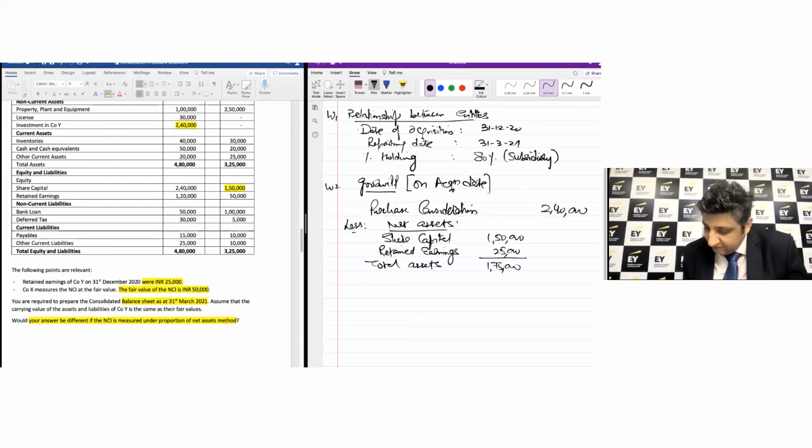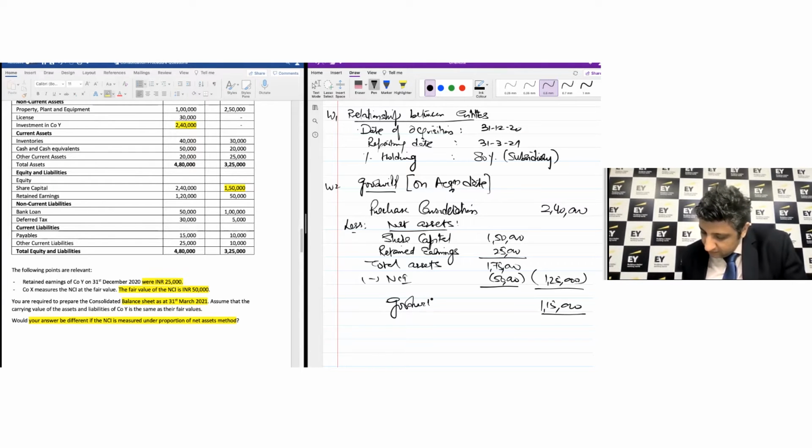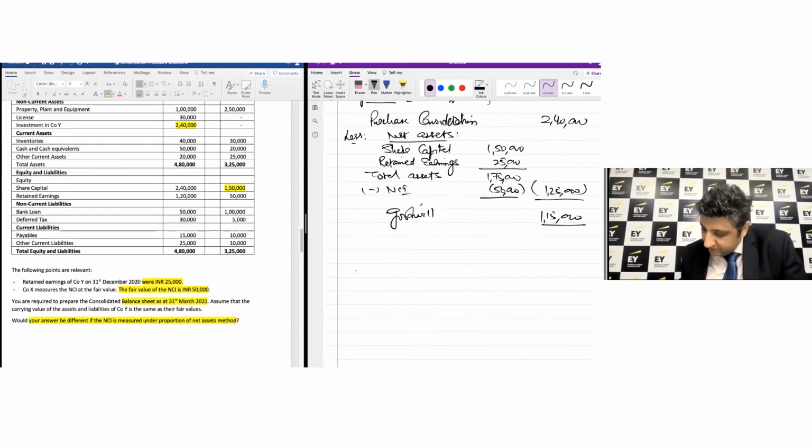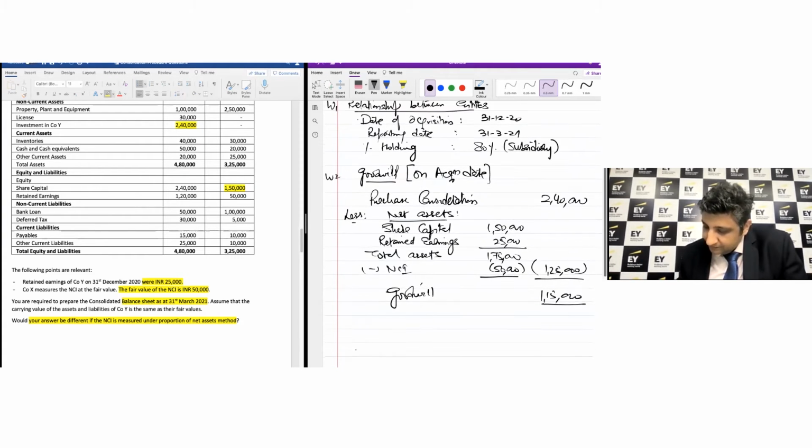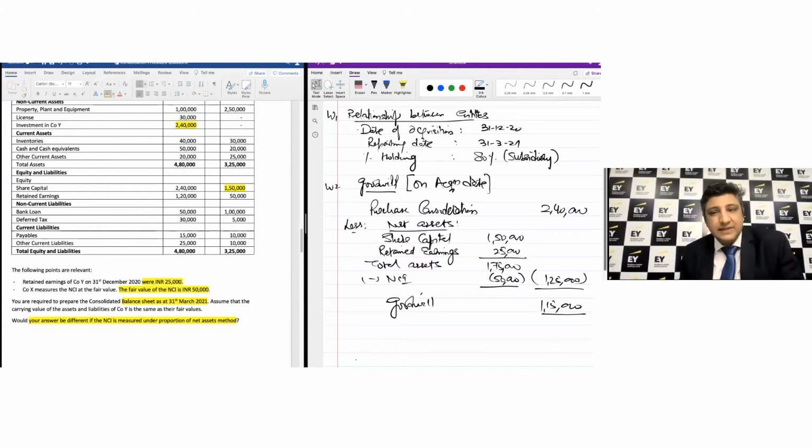This is 1,75,000. Then I will make the adjustment for the non-controlling interest, which is given to me at fair value, which is 50,000 rupees, right? That simply means that I'm paying 2,40,000 for something worth 125, resulting in a goodwill of 115,000, right? That's the first adjustment that we see.